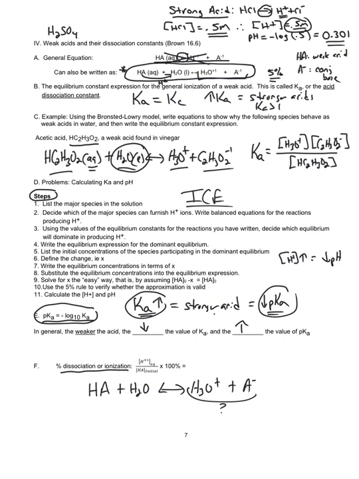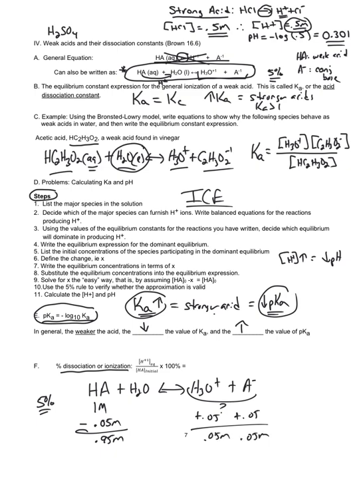So if it says that 5% of it has dissociated, if I'm starting with a 1 molar concentration, that means 5% of it is dissociated, which would mean I would subtract 0.05 molar of it, and this would go up by 0.05 molar. Because 5% of 1 is 0.05. So that would mean that there would be 0.95 molar left and 0.05 molar of each of the products.